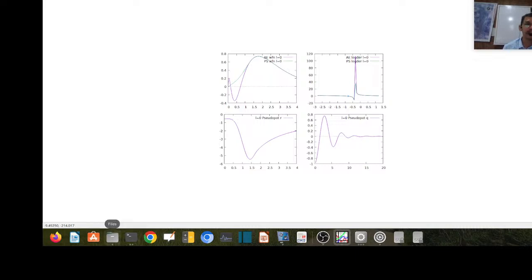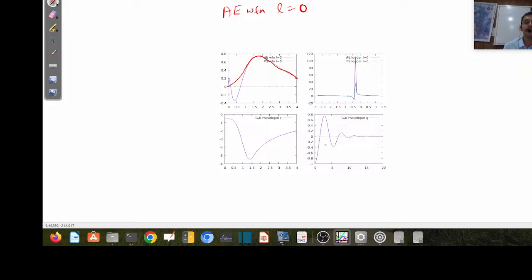What was written on it? This green colored is the all electron. This is the AE wave function with L equal to 0. This plot, I am just plotting it. It was like this. So this is the radial plot of S.